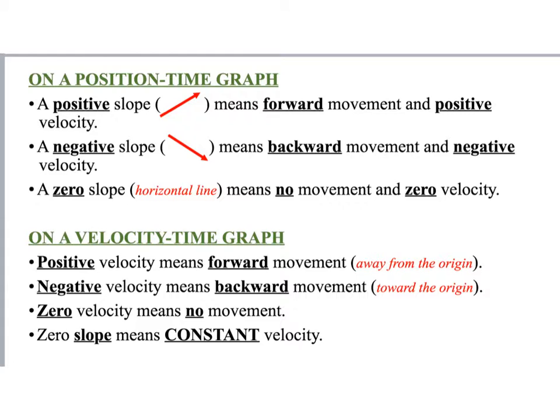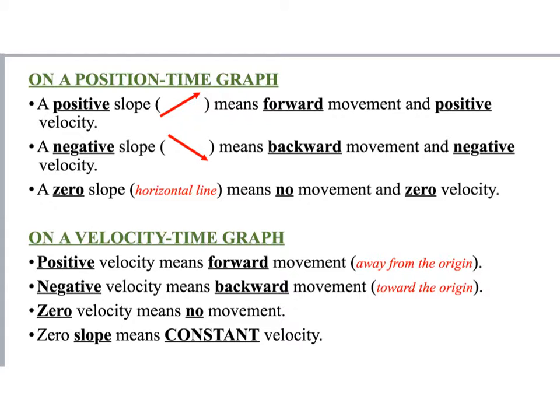When you're looking at a velocity time graph, those graphs look a little unusual. And so it's important to have some guidelines by your side when you're trying to read a velocity time graph. If the line is positive, a positive velocity means the object is moving forward or away from its origin.